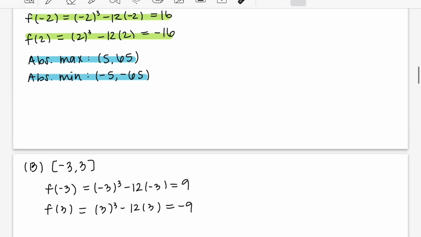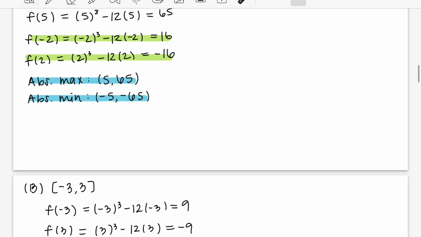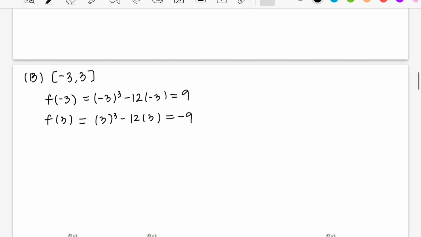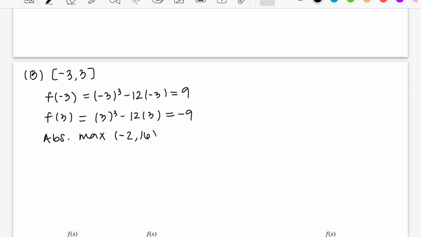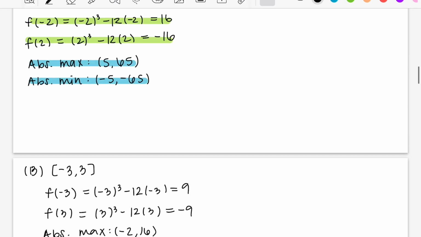Right? So out of these values, it looks like at f of -2 we're going to have our maximum, and at f of 2 we're going to have our minimum. So our absolute max is going to be at -2, 16, and our absolute minimum is going to be at 2, -16.